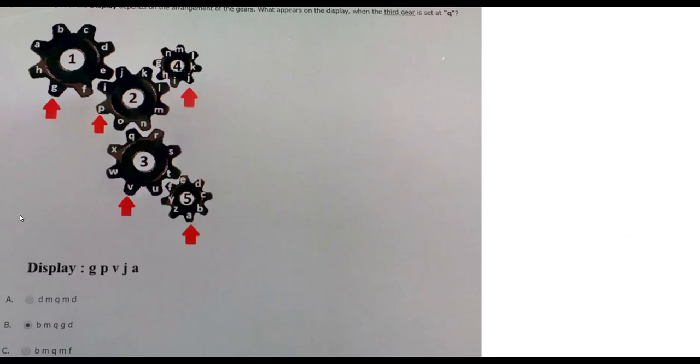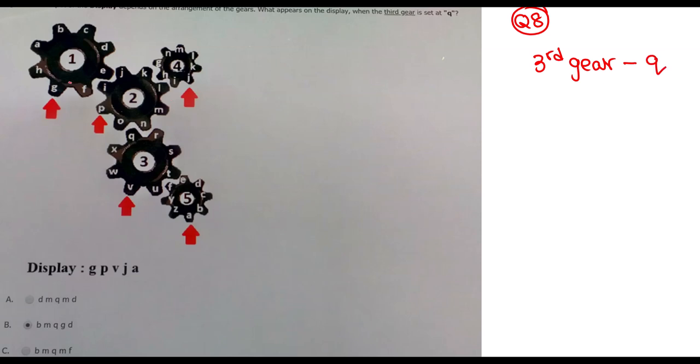I'll give time. Okay, this one is a bit typical. Question number 8. When the third gear is set at Q, it may not be visible for you properly. When the third gear is at Q, what is the resultant display?